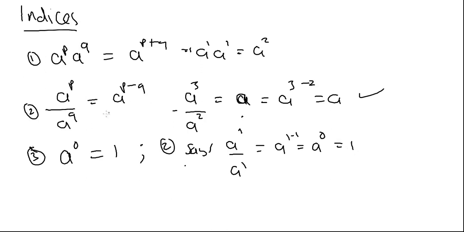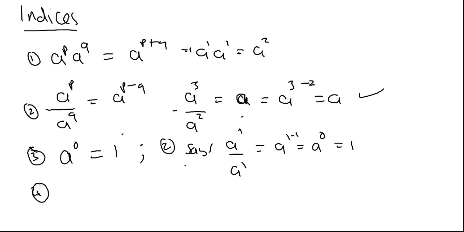So if I didn't tell you this rule 3, but we'd accepted rule 2, well, we would have guessed what a to the power of 0 is just using rule 2. So that's what we basically do for most of the rules.